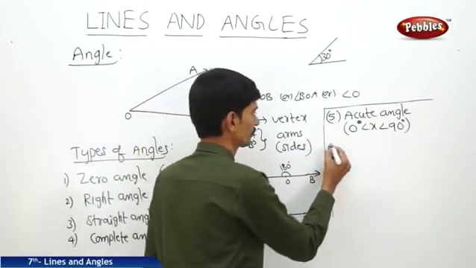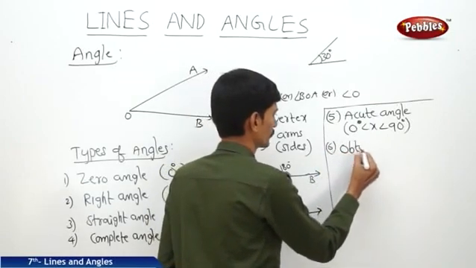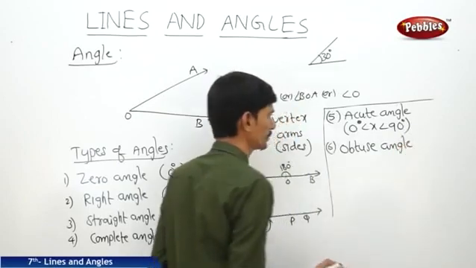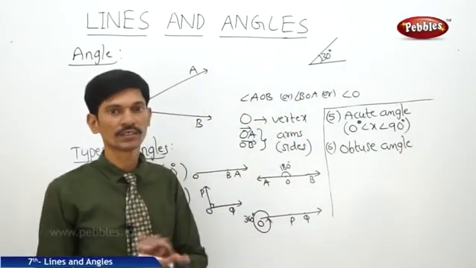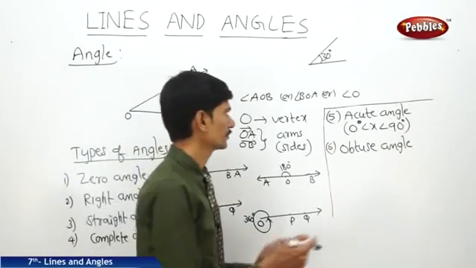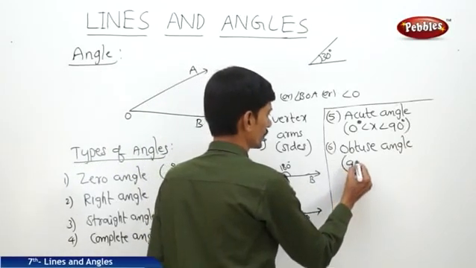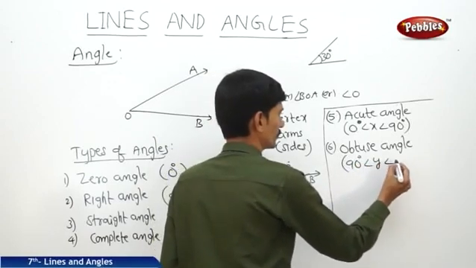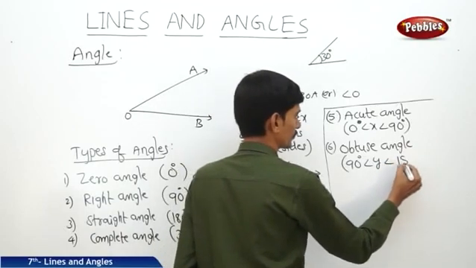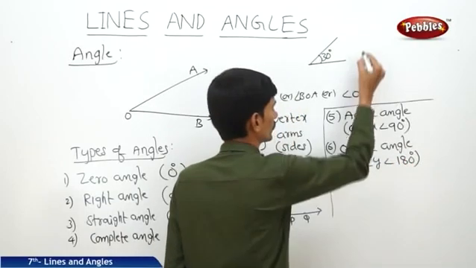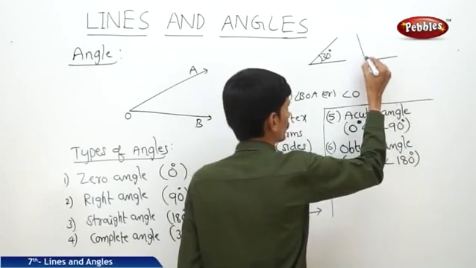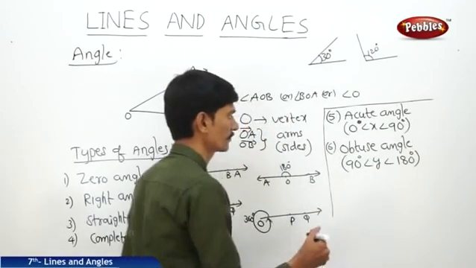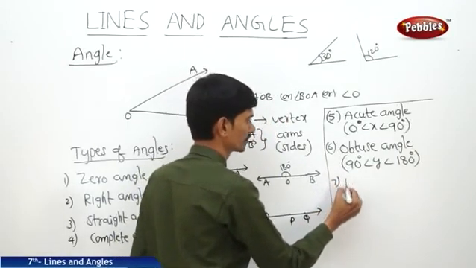Now the sixth one, obtuse angle. An angle whose measure is more than 90 degrees but less than 180 degrees is called an obtuse angle. So it lies between 90 degrees and 180 degrees. Now 120 degrees, so it is an obtuse angle. Now the seventh one, reflex angle.